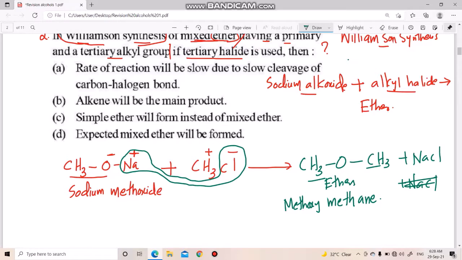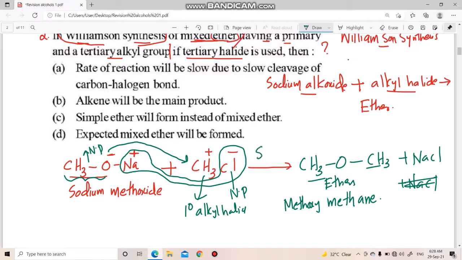Listen students, here Cl minus is a nucleophile, and CH3O minus is also a nucleophile. So it's a kind of nucleophilic substitution, and the alkyl halide is a primary alkyl halide. CH3O minus is a nucleophile, so it attacks from the back side and follows a mechanism. What type of mechanism is this?